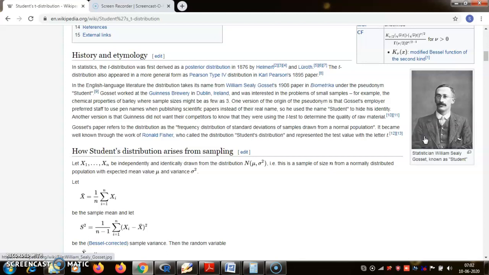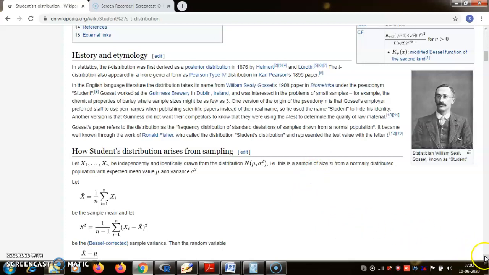Since he had used the pseudonym Student, it derives its name as student's distribution. Actually, this name was attributed later by the famous statistician Professor Ronald Fisher, who worked on and extended the work of Gosset further.